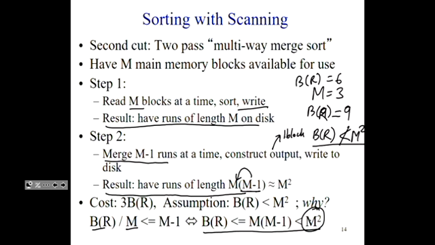So we were in good shape when B of r was 6, but when B of r was 9, we ran into issues. Any questions about this? Okay.